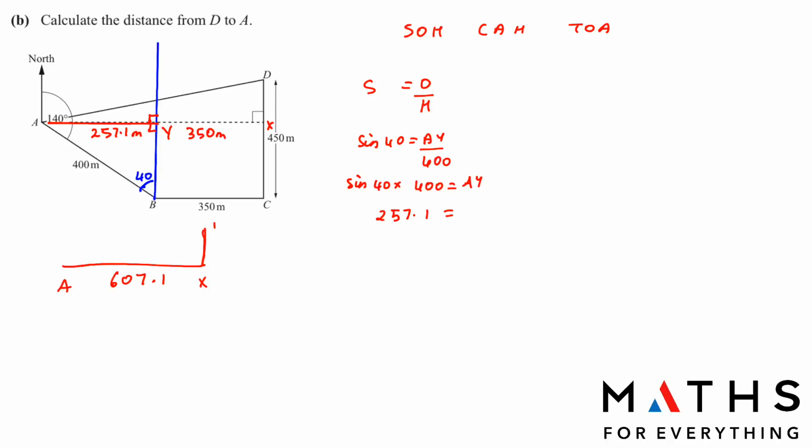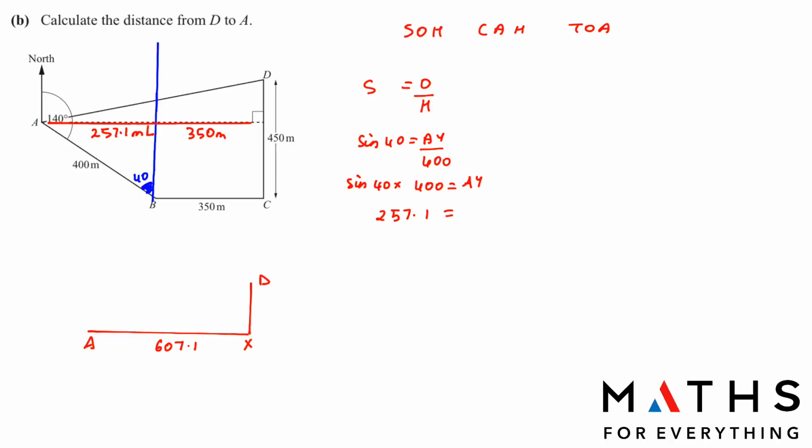Now we have to find DX. To find DX, we need to know CX. So from the total DC, we have this whole line which is 450. From that, if we subtract this part, we are going to be left with DX. So we need to find this line.